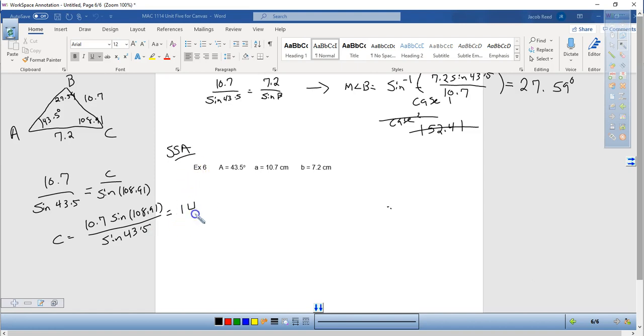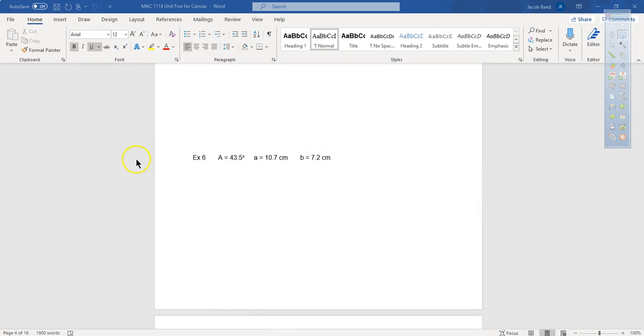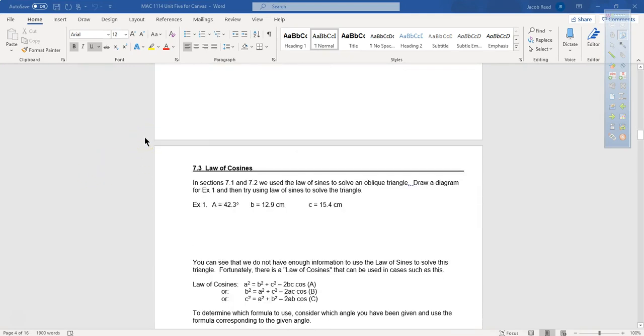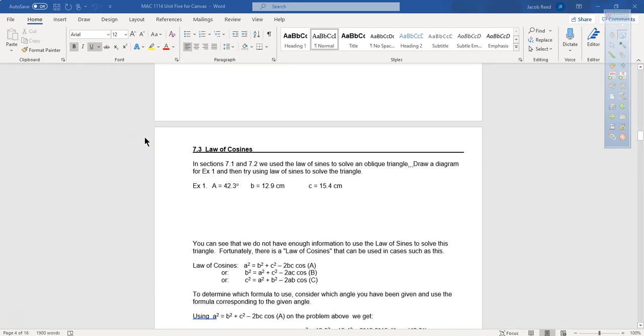That gives me 14.71. Okay, checking it. Largest angle, largest side, checks out. Smallest angle, smallest side, checks out. Medium angle and intermediate side, checks out. So there's only one answer for this solving of triangles. Okay, with that, we are going to stop. Next video is going to be law of cosines.